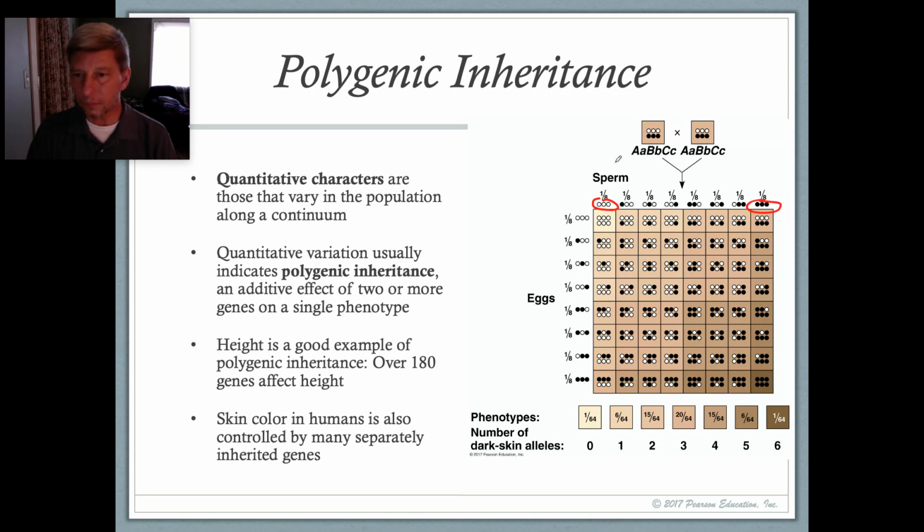And so since each parent is donating 3 of these alleles, if you have 2 parents that are very fair, you're going to end up with very fair kids. If you have 2 parents that are very dark-skinned, you're going to end up with very dark-skinned kids. And any combination in between.